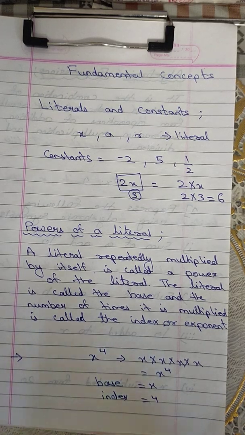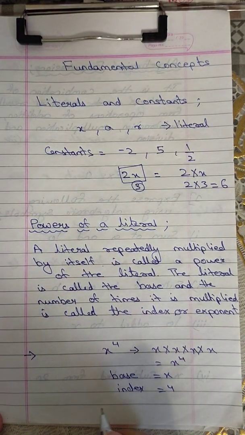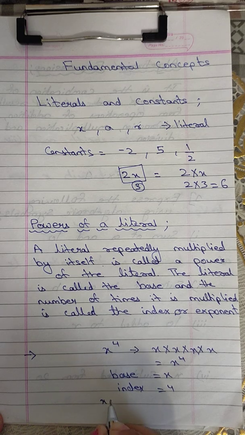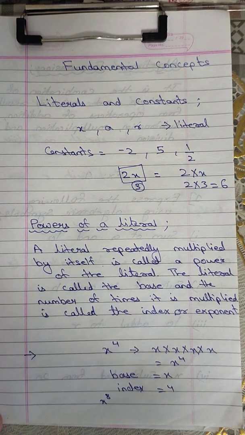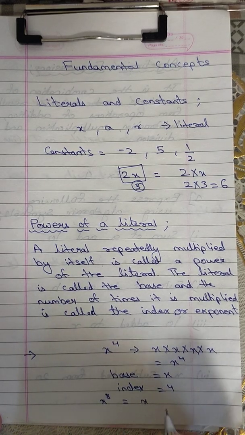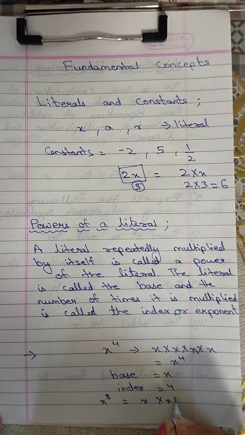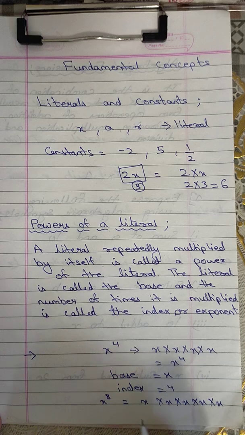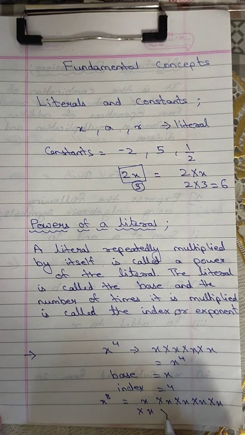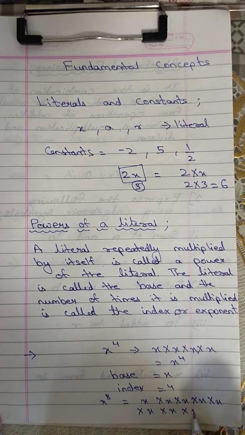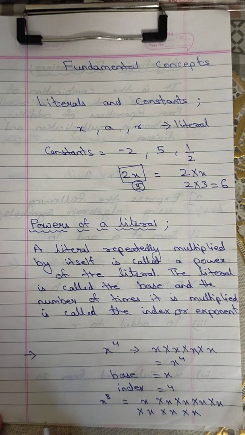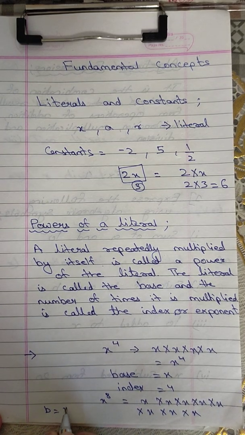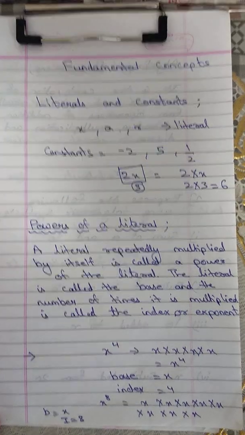We can have other things like x to the power 8. What does it mean? x is multiplied by itself 8 times: 1, 2, 3, 4, 5, 6, 7 and 8. So what is the base? The base is x and the index is 8.